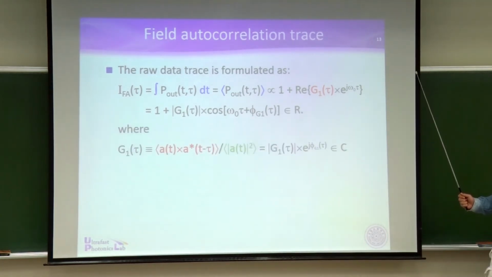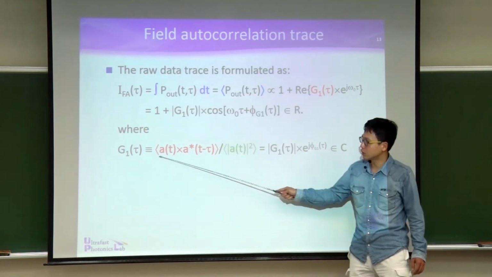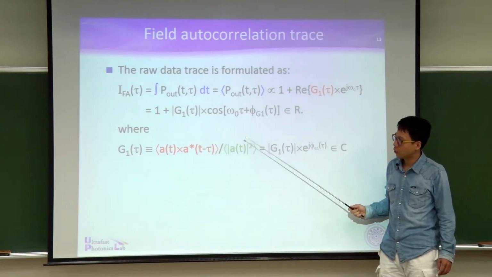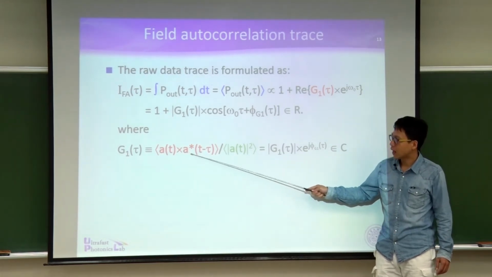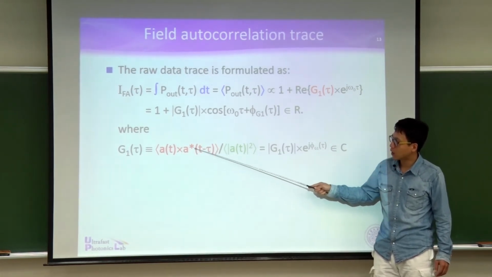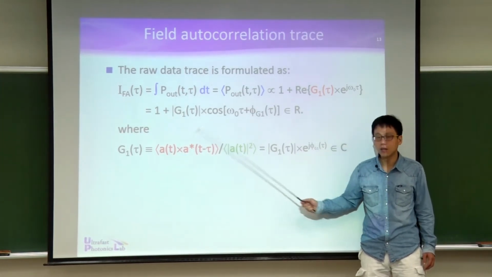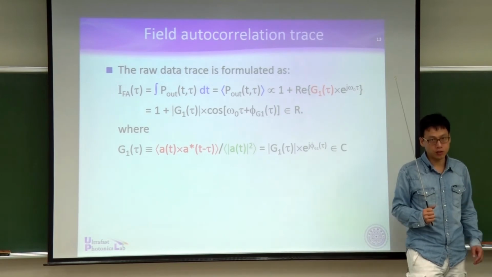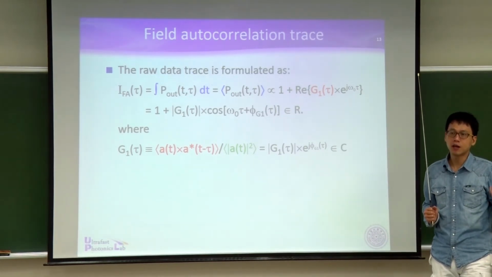Okay. It's defined here. You see bracket again, so it means time average. What average? The envelope function a of t times a of t minus tau complex conjugate. Remember, a of t is the temporal envelope function. It is, in general, complex function. Magnitude and the phase.